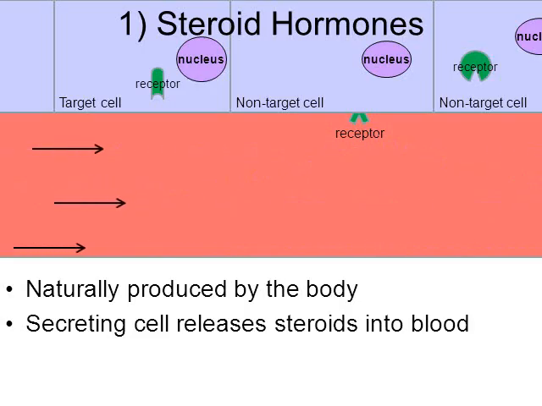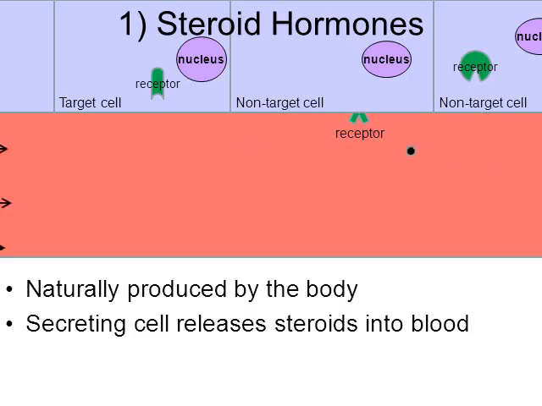Look to the right. There's a receptor inside of that non-target cell. Notice it also has a V shape. So the round steroid hormone just won't match that V-shaped receptor. So steroid hormones have to be shaped properly in order to match the receptor of the target cell.